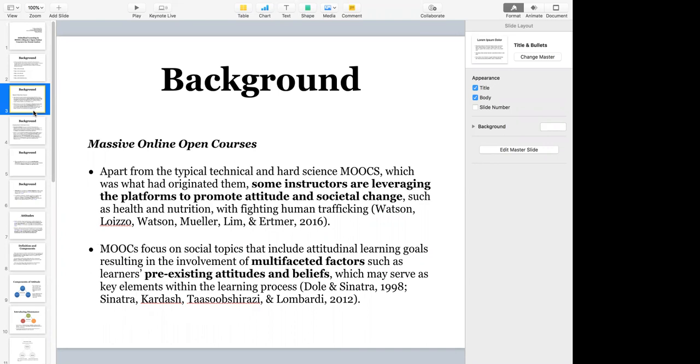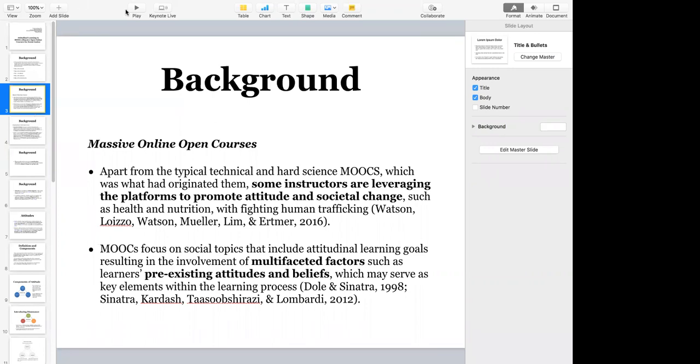And some instructors, from a few years ago, are now leveraging this platform to not just disseminate ways to code and do computer science, but also create a dialogue in a global way and promote attitude and societal change. A lot of the really popular topics are health, nutrition, fitness, global warming, things like that. And some of the cases that I've looked at were human trafficking or animal welfare.